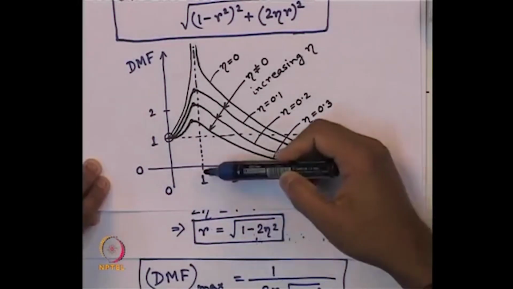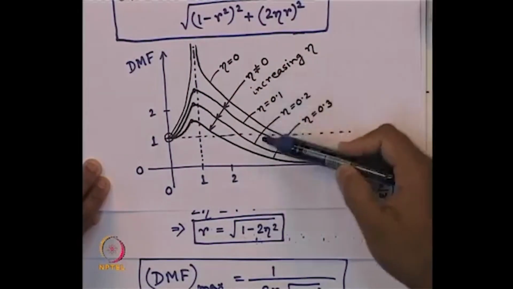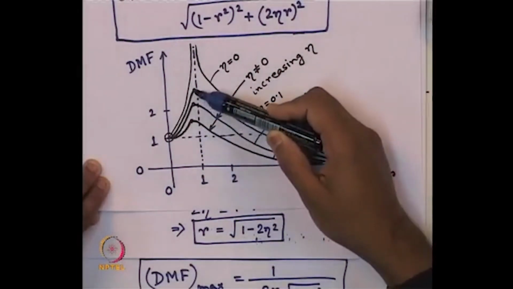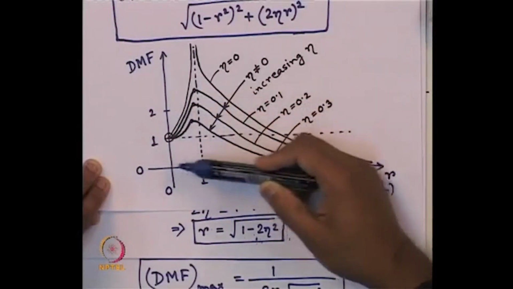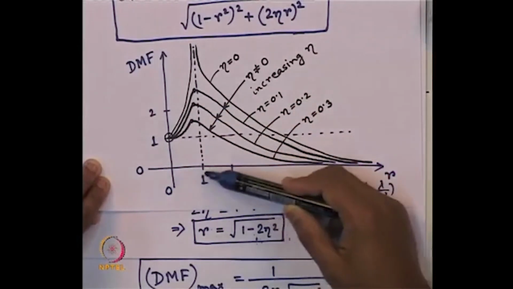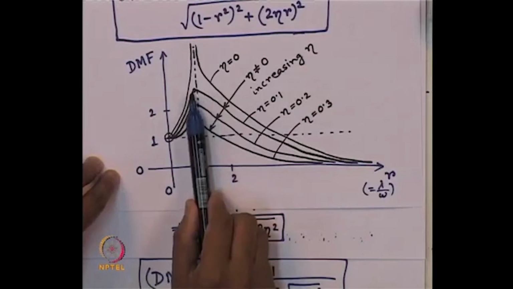At eta equals 0, the maximum occurs at r equals 1. With an increase in the value of eta, this maximum point shifts towards r equals 0, a little away from 1, just before 1, and this point keeps on shifting.